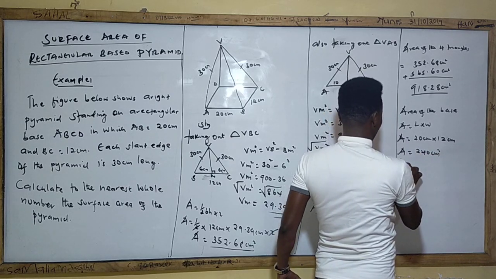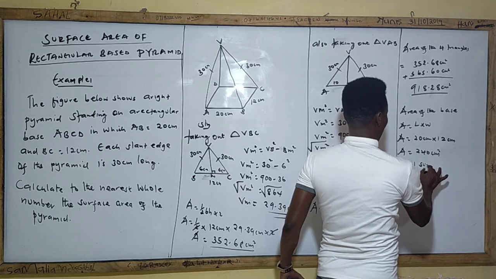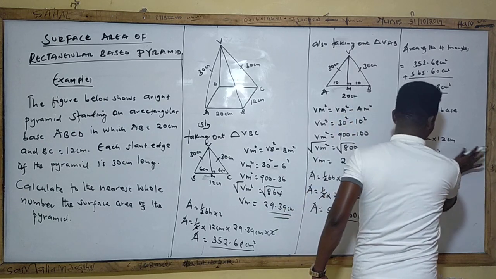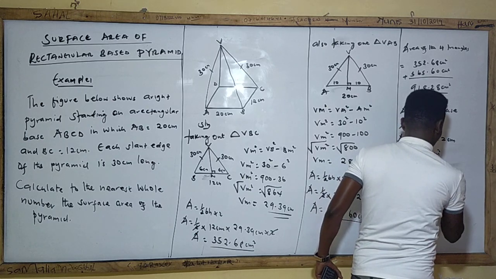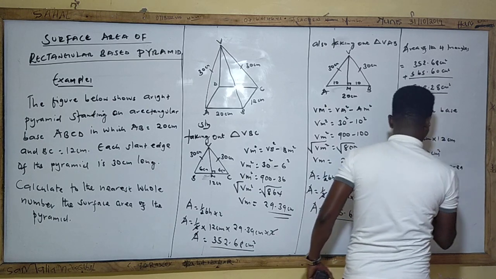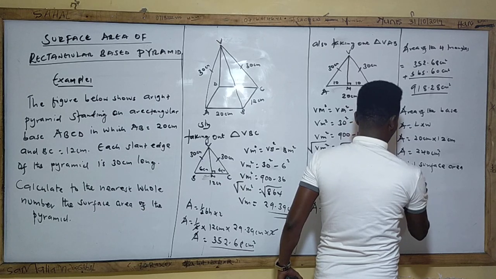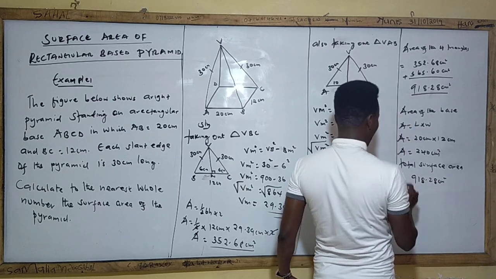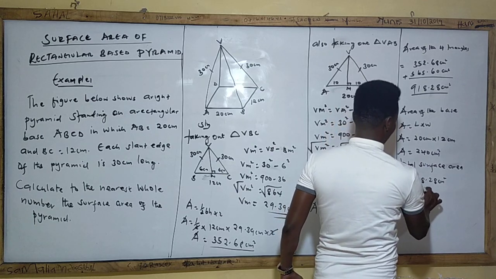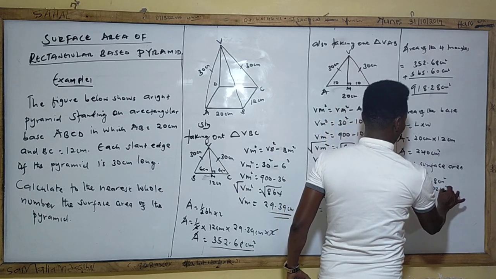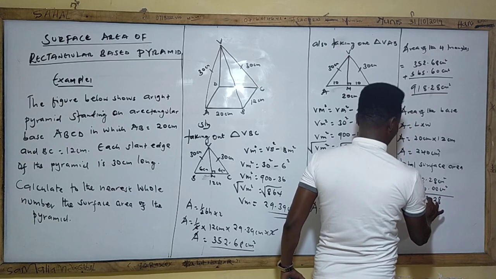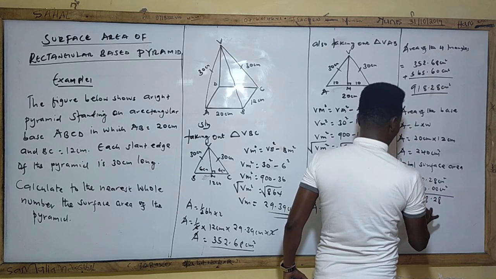Total surface area. Total surface area will be 918.28 centimeter squared plus 240 centimeter squared. So this will give me 1158.28.